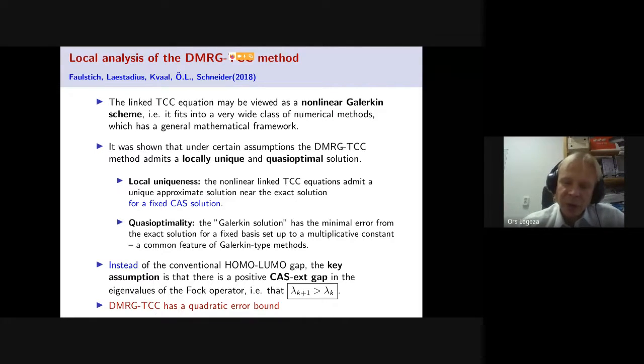So we separate the orbitals into the CAS space and the external space, and if you take the eigenvalues lambda of the Fock operator, there is going to be a gap between the last lambda_k belonging to the CAS and the first belonging to the external space. And if we do this, then we can show that DMRG-TCC has a quadratic error bound.